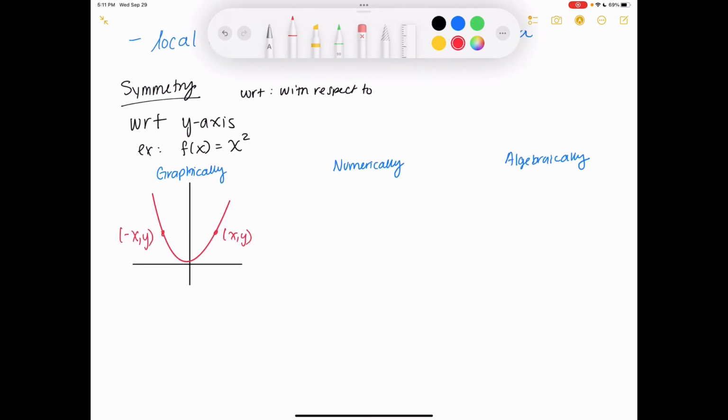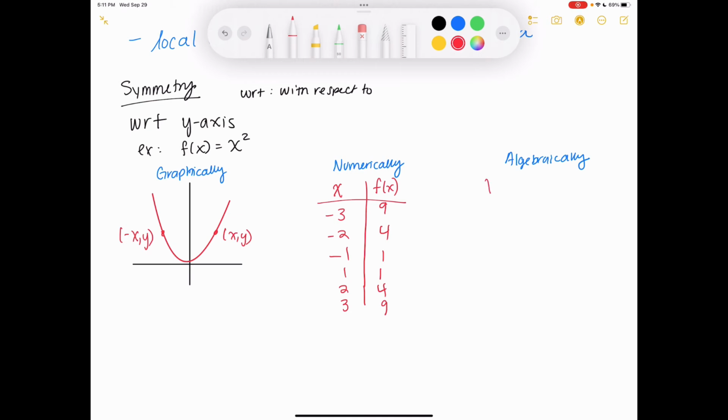Then numerically, we've got x and f of x: -3, -2, -1, 1, 2, and 3. And then f of x would be 9, 4, 1, 1, 4, 9. You just get this from plugging in that value for x in x squared. So when you square each of these x values, what value you get out.